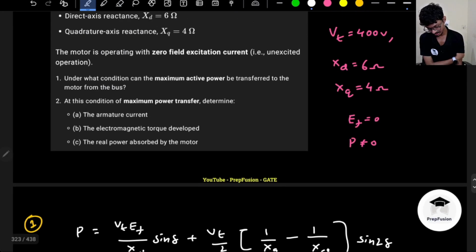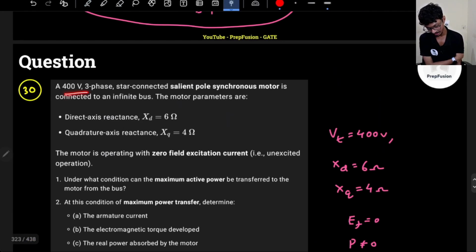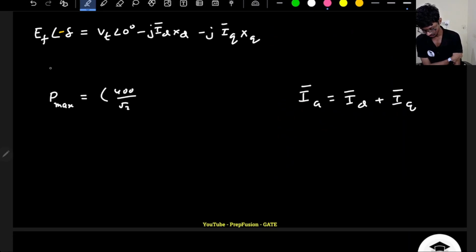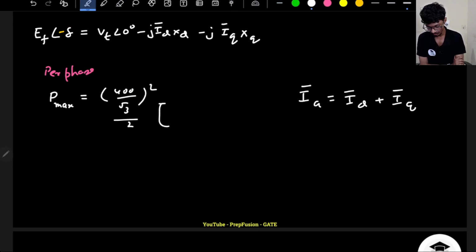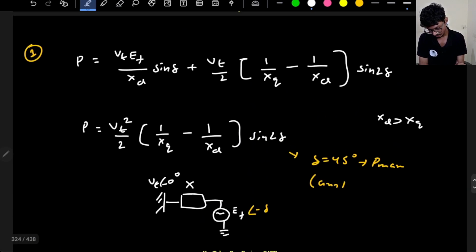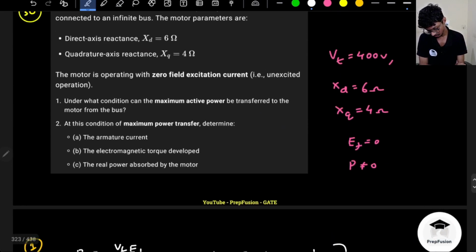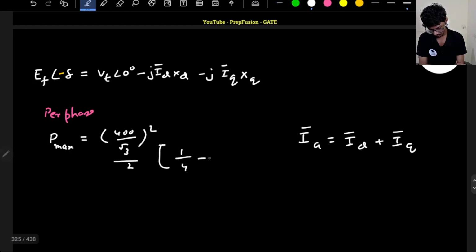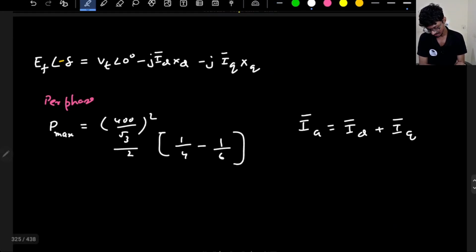Remember this Vt is a star connection, so this is line voltage, right? So I have to write here phase voltage, 400 divided by root 3. Remember this is per phase power, right? Per phase power: 400 divided by root 3 whole square divided by 2 into 1 by Xq. Xq is given to me. Xq is 4, right? Xq is 4 minus 1 by 6 Xd. This will be my maximum power.